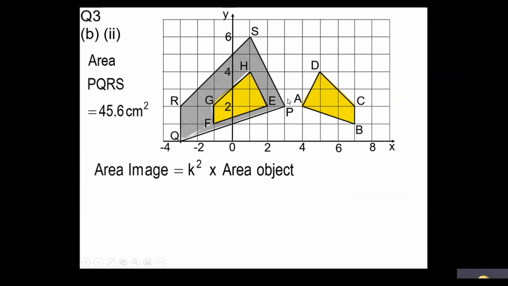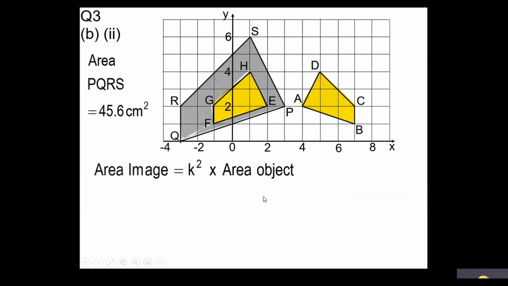They give you PQRS, this whole thing, is 45.6. If you want to find the area of the shaded region, you must take this one minus the area of the inside. If you take this whole thing minus this yellow one, you will get the area of the shaded region.